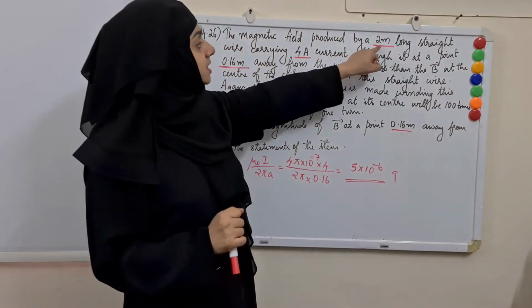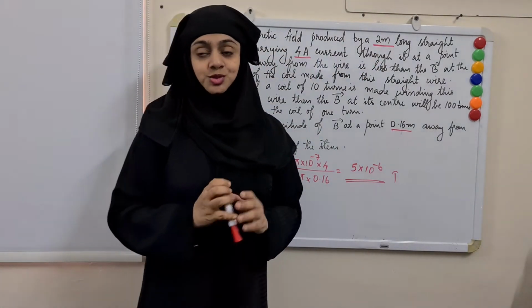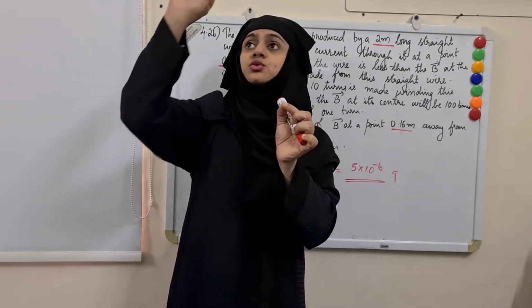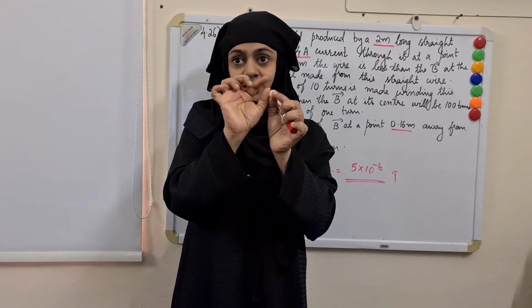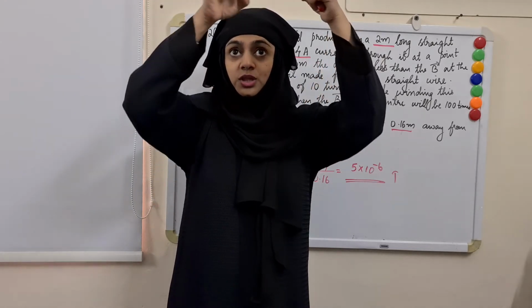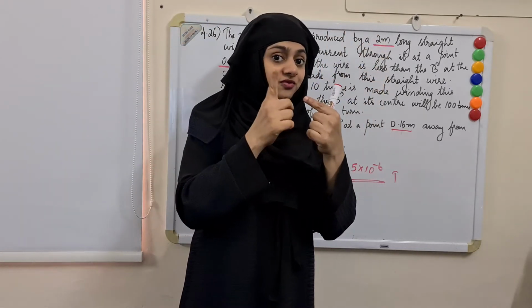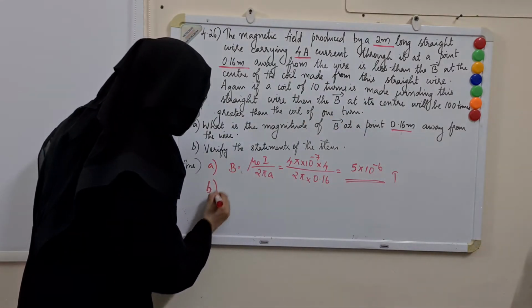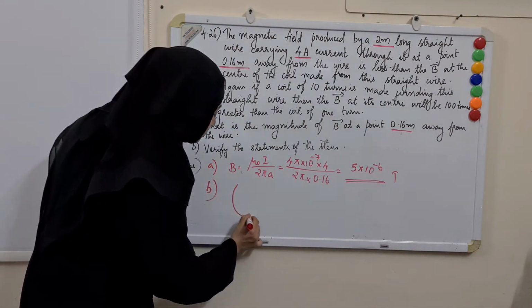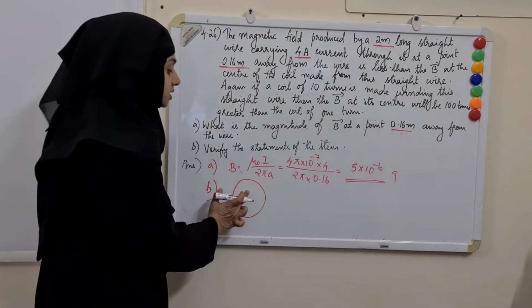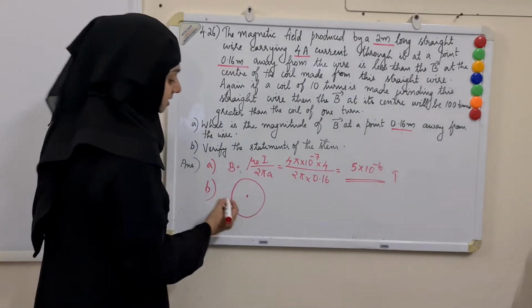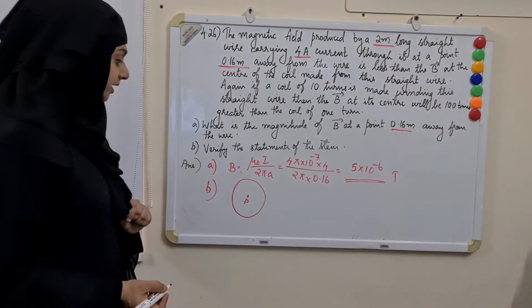And they have given the length of the wire. So, if a 2 meter wire is wound into one coil, the length of the wire will be the circumference of the coil. So here for B, what are they doing? They have wound this 2 meter length into a coil. And we have to find the magnetic field at the center of this coil.